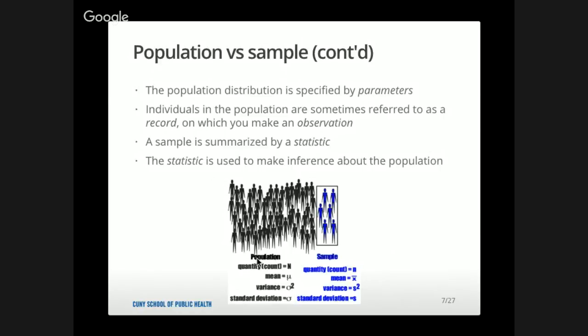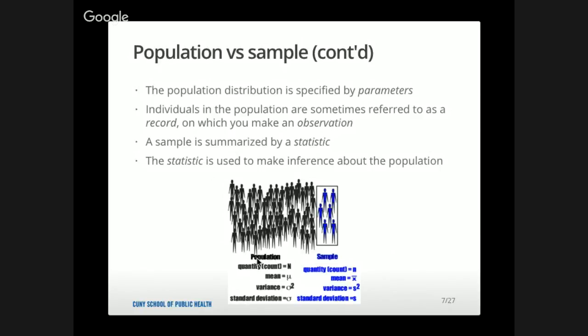When we draw a sample from that population and calculate something from that sample, such as the mean or the standard deviation, when it comes from a sample, it's called a statistic. So mean and standard deviation, if it's of the population, it's a parameter. If it's of the sample, it is a statistic.